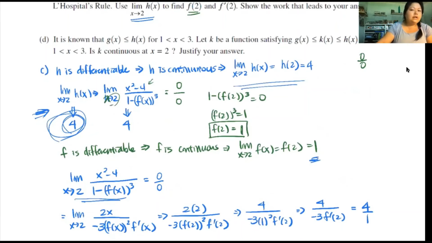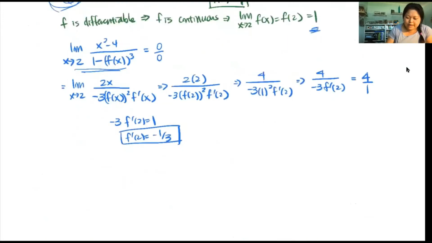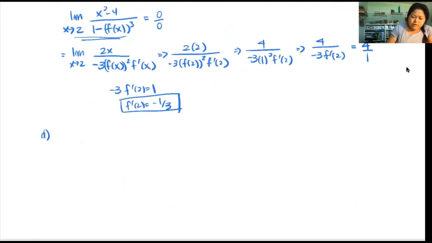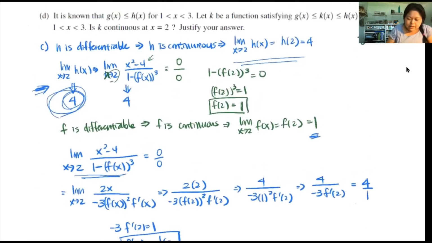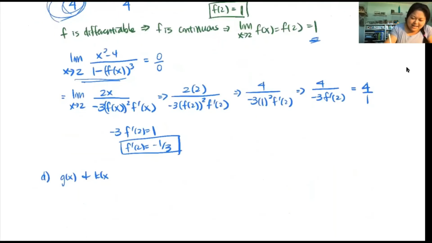Okay, so let's see. We know that g and h are differentiable, right? Up here it says g and h are twice differentiable, so great. So to go with part D, we are on g and h. We know that g of x and h of x are differentiable.